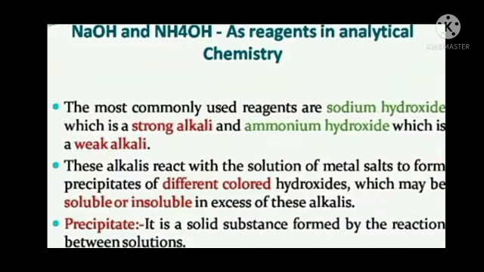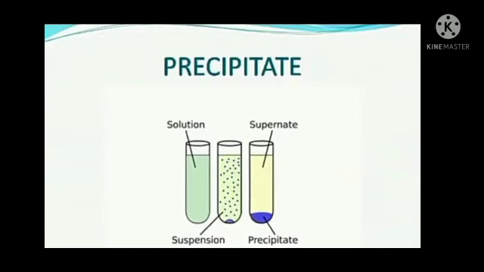So what is a precipitate? It is a solid substance formed by the reaction between solutions. Now look here, the first test tube contains a solution, the second test tube contains suspended particles in the solution, and in the third one all suspended particles settle down at the bottom and form a precipitate, and the solution is separated out.